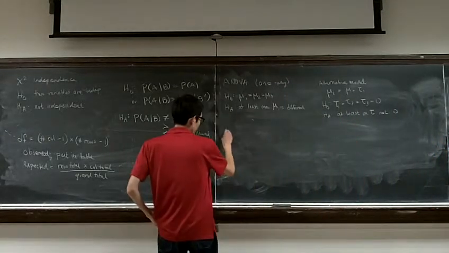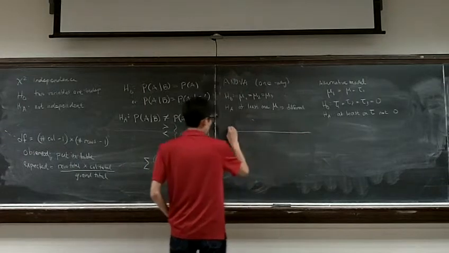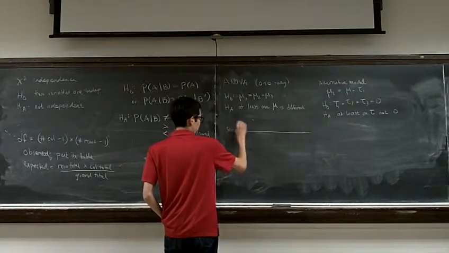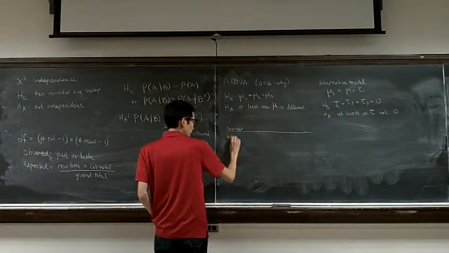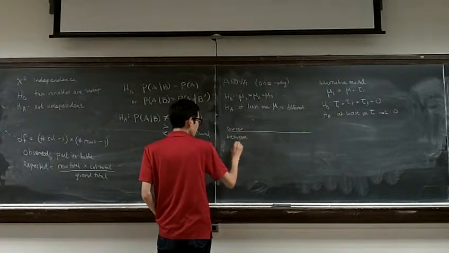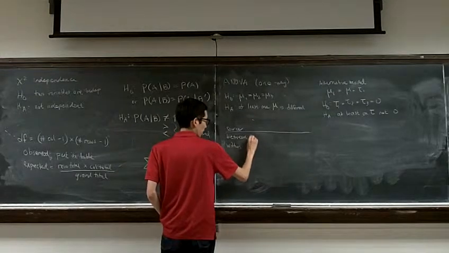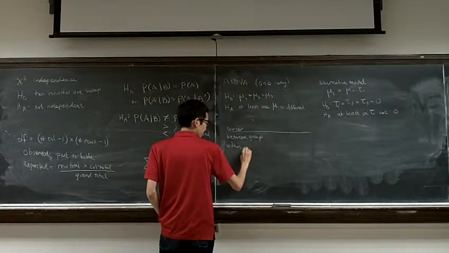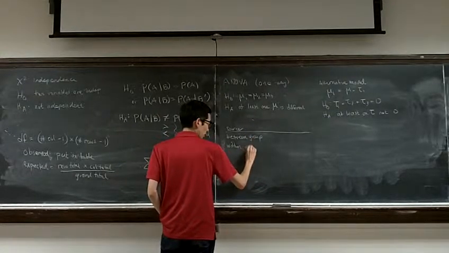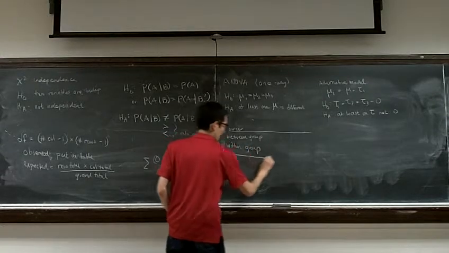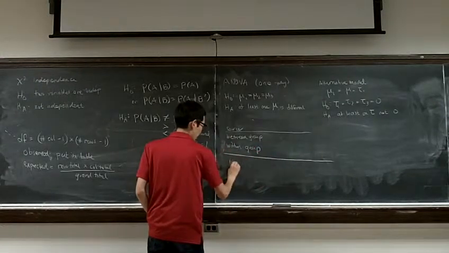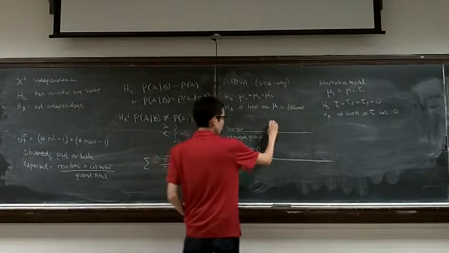And then we make our ANOVA table. So we have between group and within group. Total.